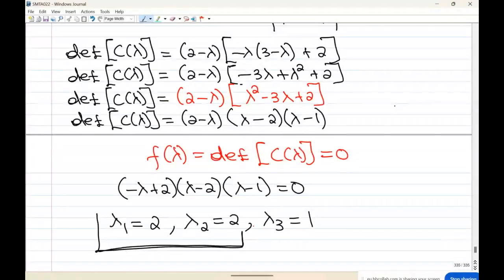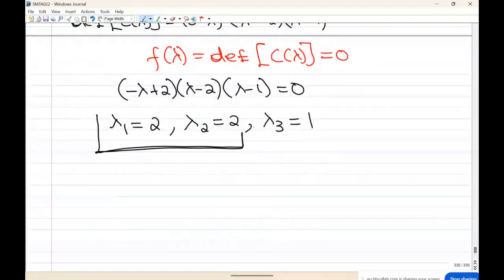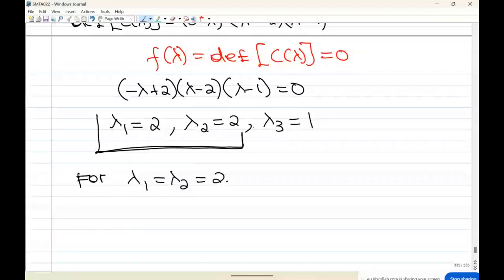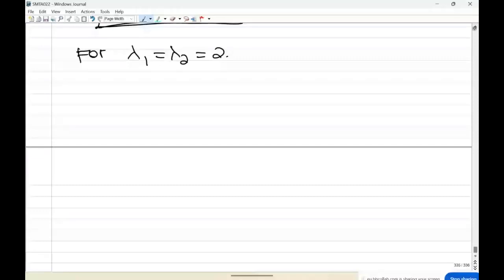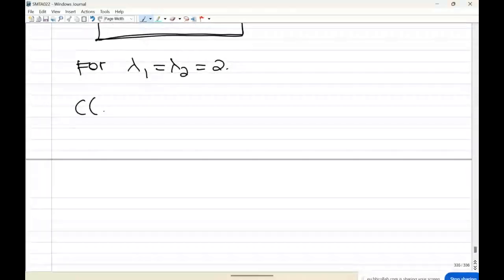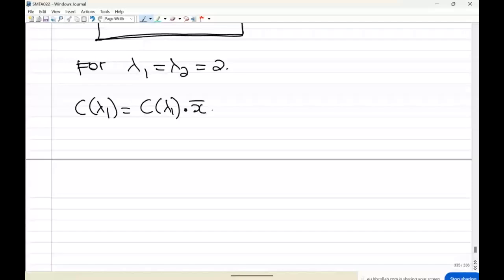Because if you take this for lambda 1, which equals lambda 2, which equals 2, what is going to happen? You are going to have your C lambda 1, which will equal C of lambda 1 multiplied by the variable x. The answer will be equal to 0 there.